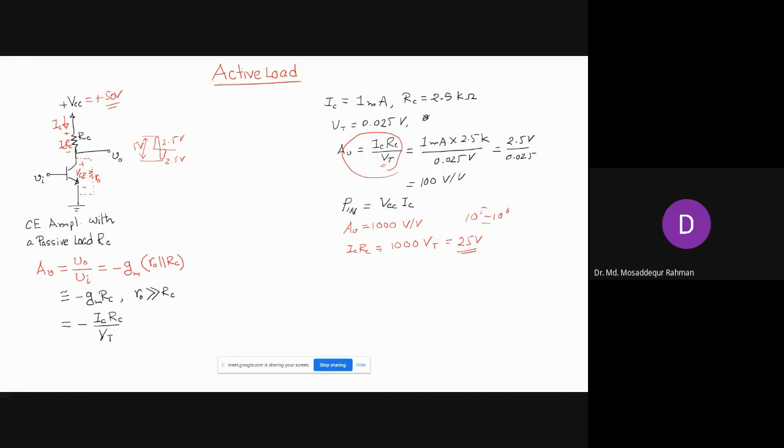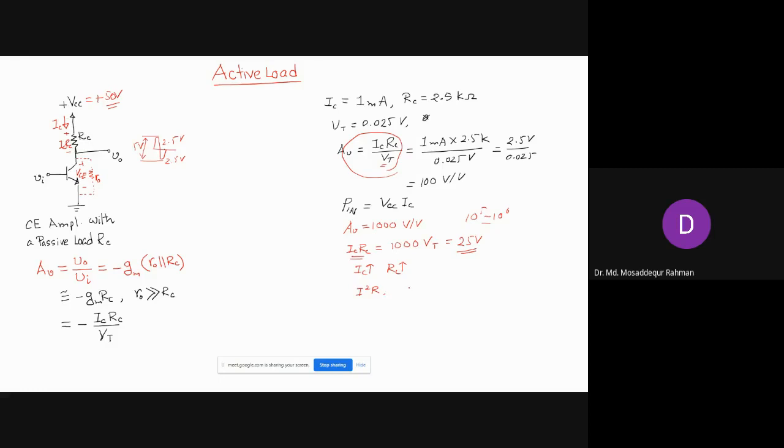And other issues: how do you increase this gain, I mean get the high voltage IC RC of 25 volt? Either you increase IC or you increase RC. Neither is convenient or practical for an integrated circuit. When you increase IC, the I squared R loss increases, because it increases with the square of the current.